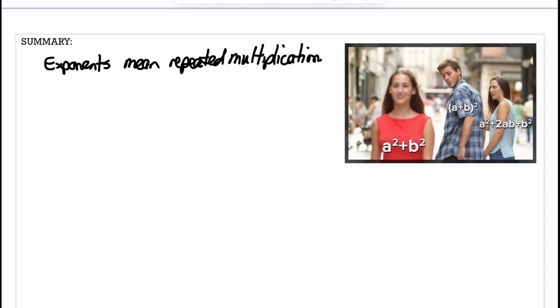So we're multiplying the parentheses by itself. When you're adding or subtracting the terms inside the base, you need to FOIL to get that second term, or to get that middle term. So don't forget the middle term.